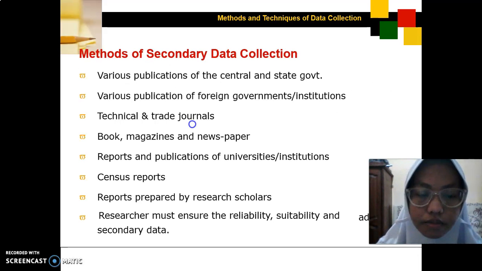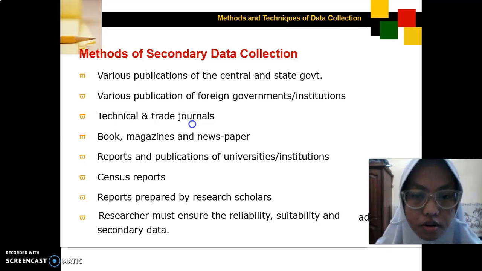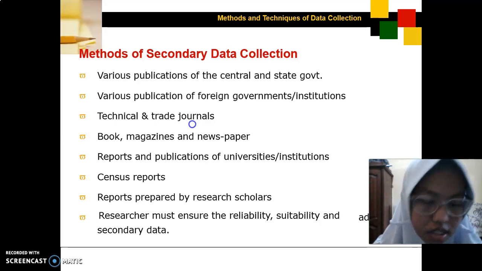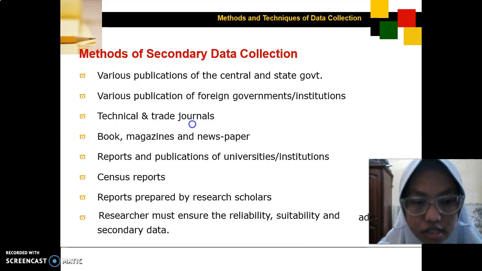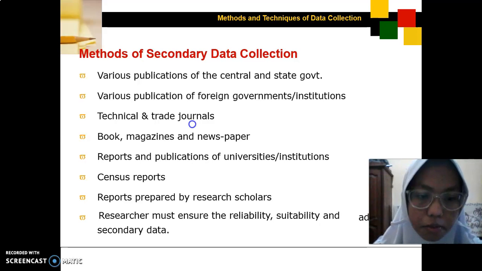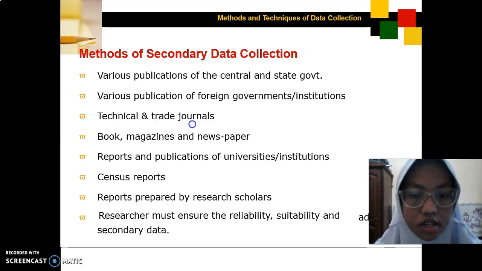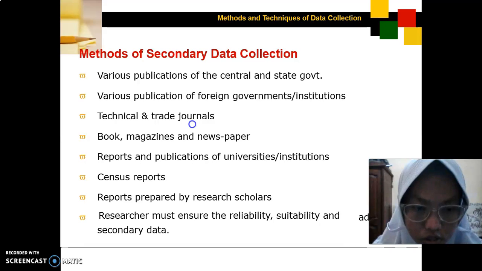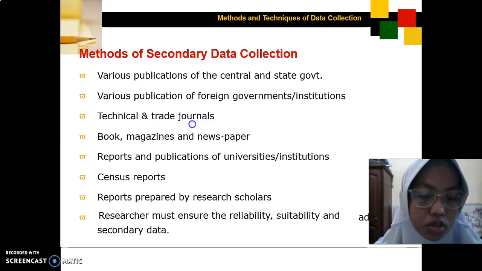Methods of secondary data collection: first, various publications of the central and state governments, various publications of institutions, technical and trade journals, books, magazines and newspapers, reports and publications of universities or institutions, and reports prepared by research scholars.